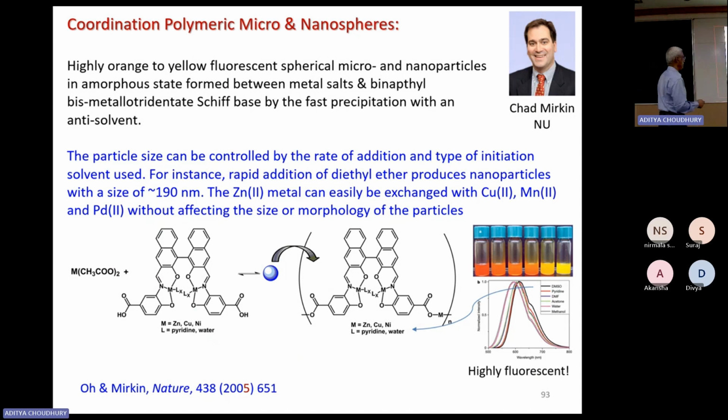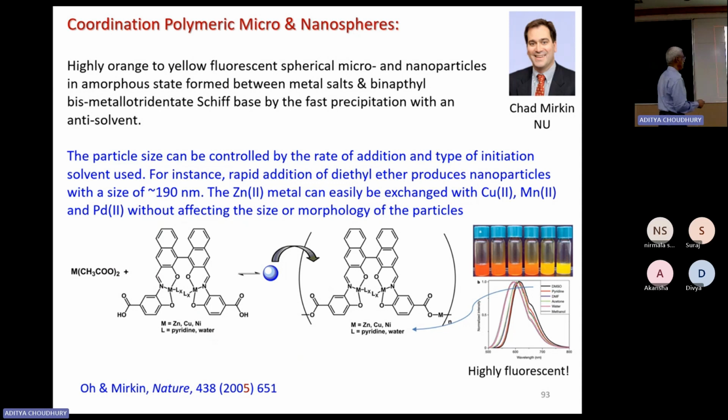This is a metalloligand, a metal-containing ligand. It has two carboxylic acids that can be linked in various ways.